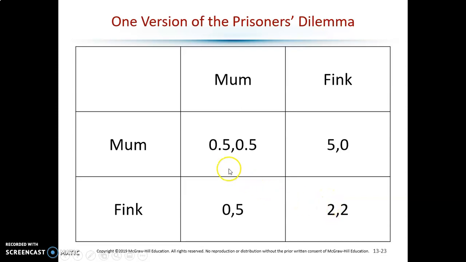So if nobody talks, if you both keep your mouths shut, then the police don't have enough to convict you, but they get you on a lower crime. You're still going to do prison time, half a year, 6 months, then you're out.